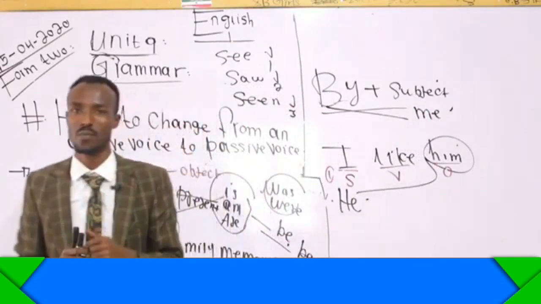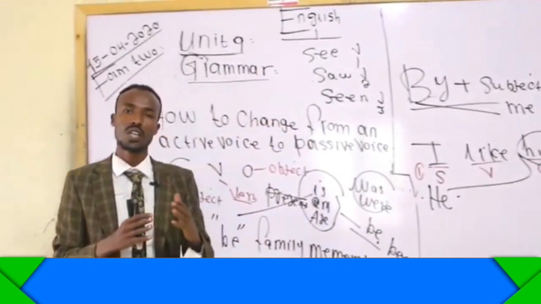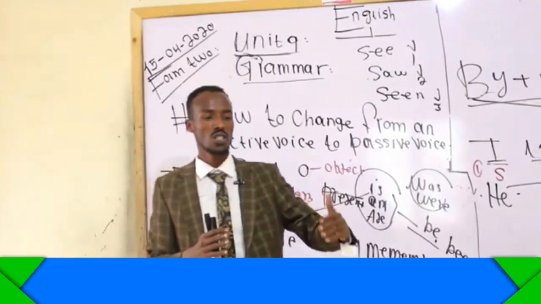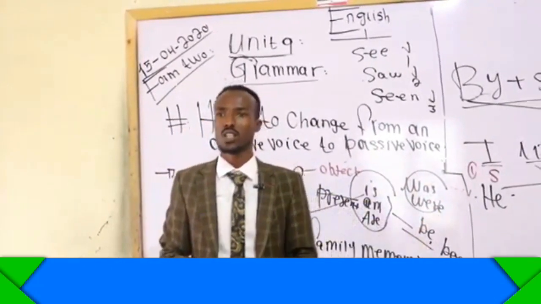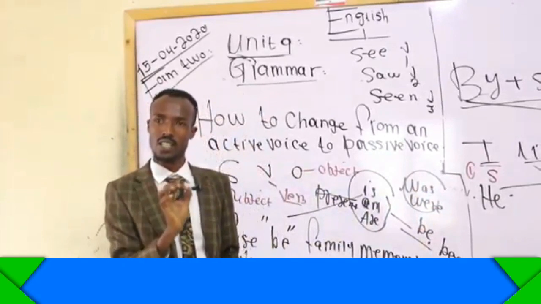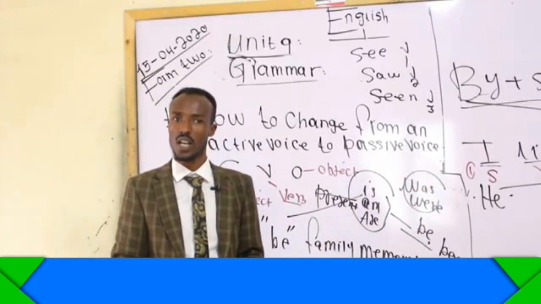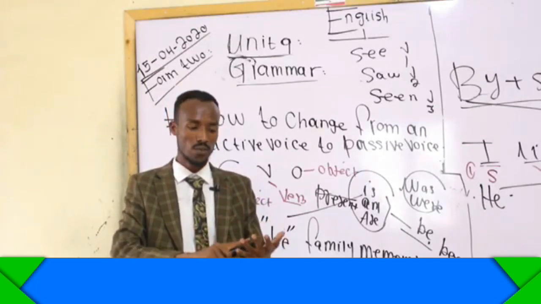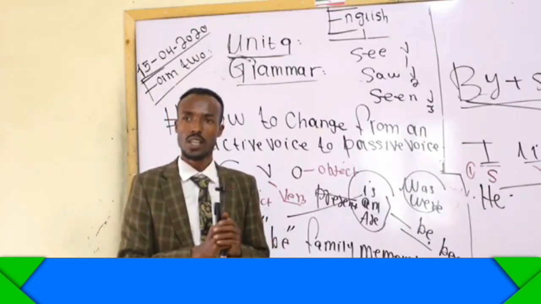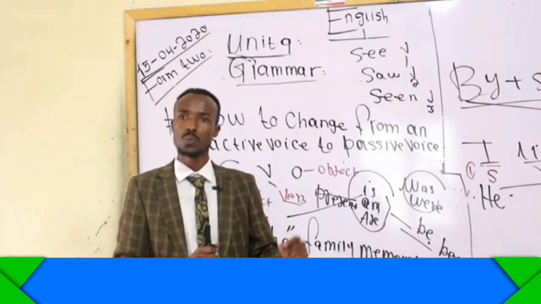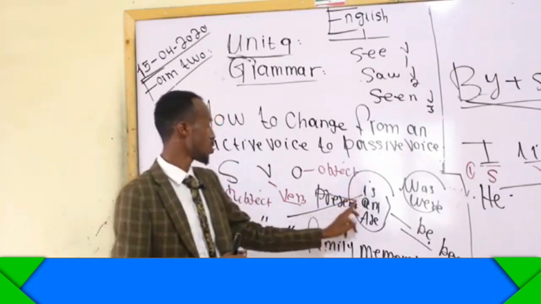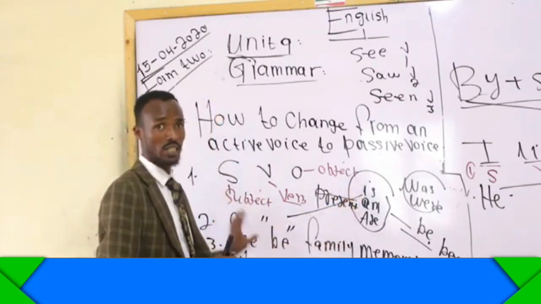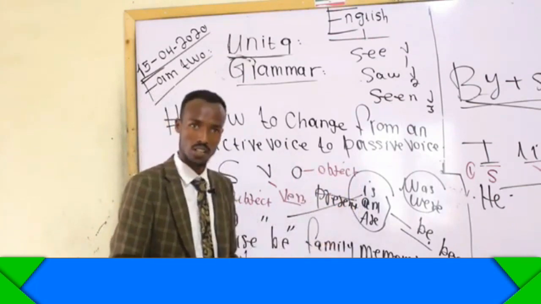You can understand easily. Whenever you are going to change from an active voice sentence to a passive voice sentence, you have to take these steps. Step number 1, you have to find out the subject, the verb and the object. Then you have to begin with the object, and that object you have to write in the form of a subject.